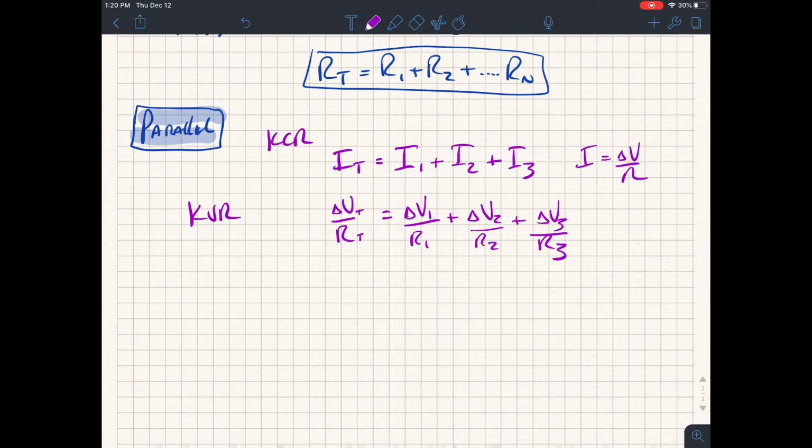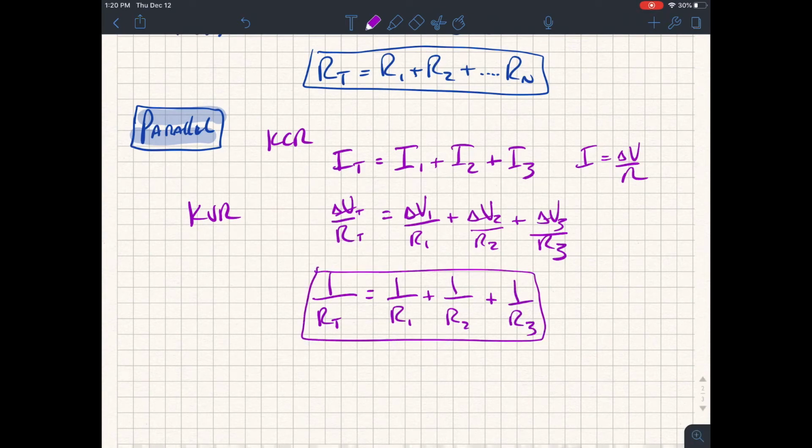So for resistance then, if we can cancel these guys out, to sum the resistances in a parallel circuit, and this is the central understanding, we have to take the inverse of the resistances. We can't just sum the resistances in a parallel circuit. We have to sum the inverses, and an inverse really is just 1 over that. This is the very fundamental difference between series and parallel circuits.